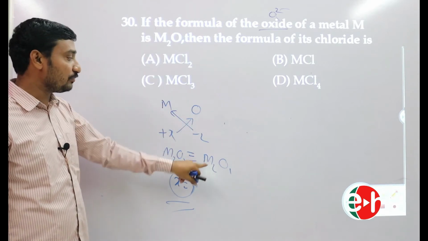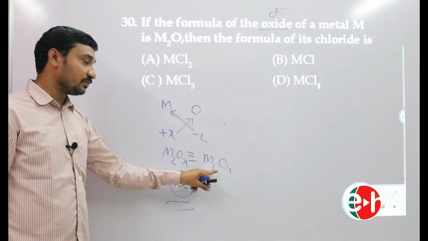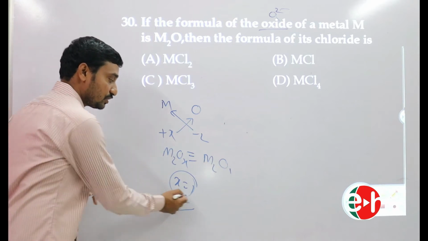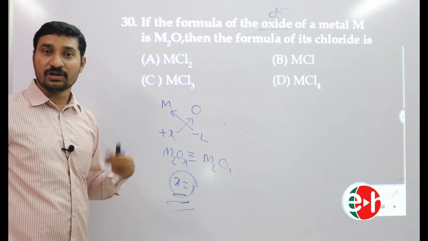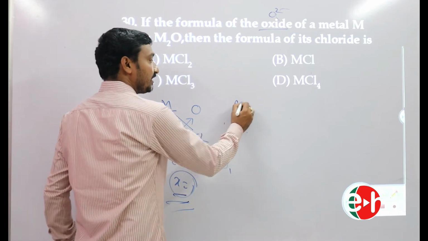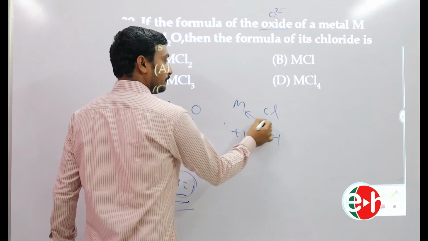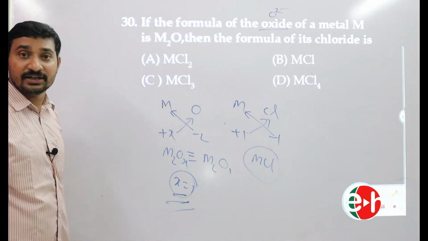The given formula is M2O, so 2 is to X as 2 is to 1, X equals 1. So the charge on the metal is plus 1. They are asking for its chloride formula. Charge on metal plus 1, chloride Cl minus 1. Then the formula is MCl, the correct answer.